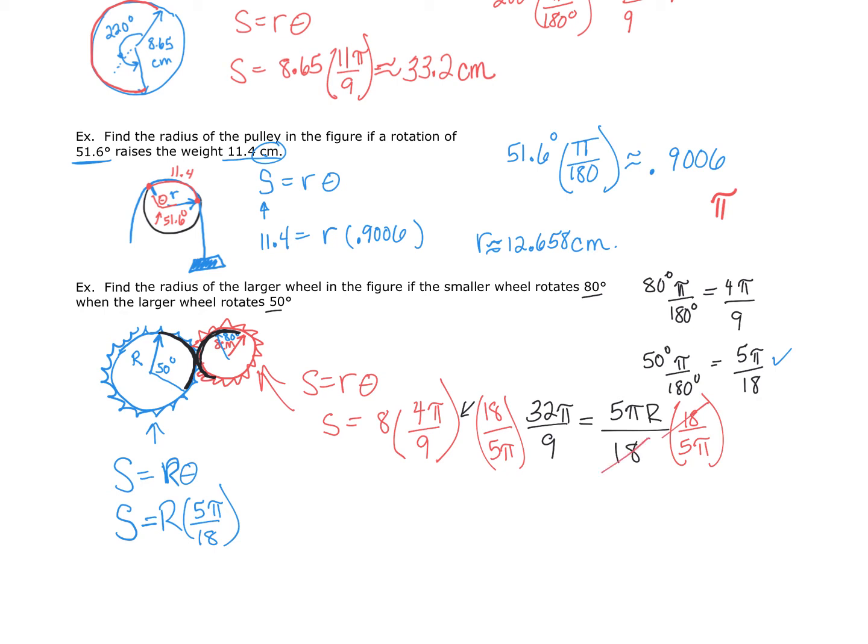The 18s will cancel and the 5 pi's will cancel. So we're going to get R equals, well, here the pi's cancel, and 9 goes into 18 twice, so we get 64 over 5, which is 12.8. And because we're measuring this in centimeters, this is 12.8 centimeters for the radius of the larger gear.